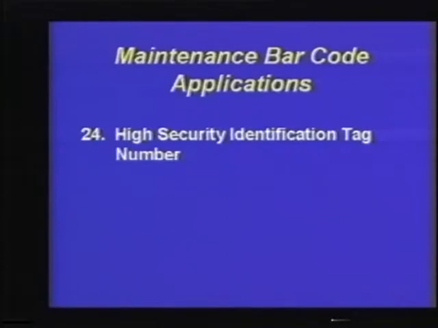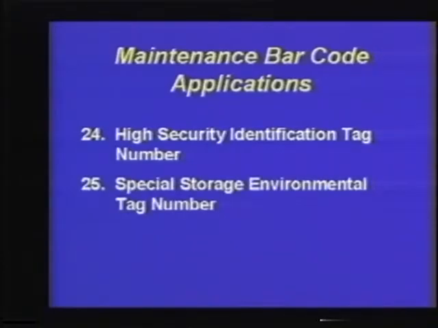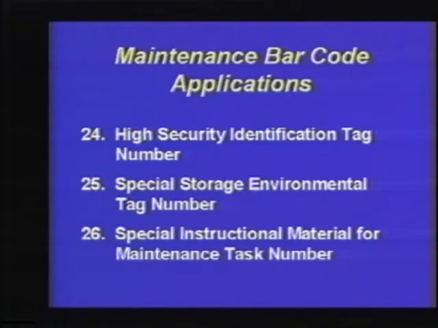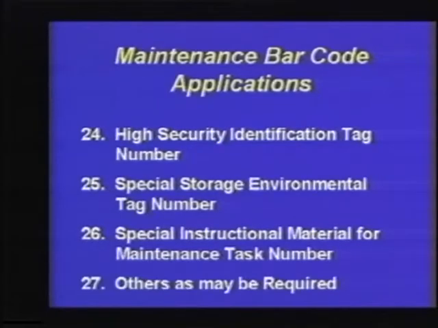And then we would have 25 as special storage material for maintenance task numbers. And let me go back. 25 is special storage environmental tag numbers, and 26 would be special instructional material for maintenance work orders. Those would be issued out by the storeroom. And then again, 27 is addressing other barcode applications that you required.